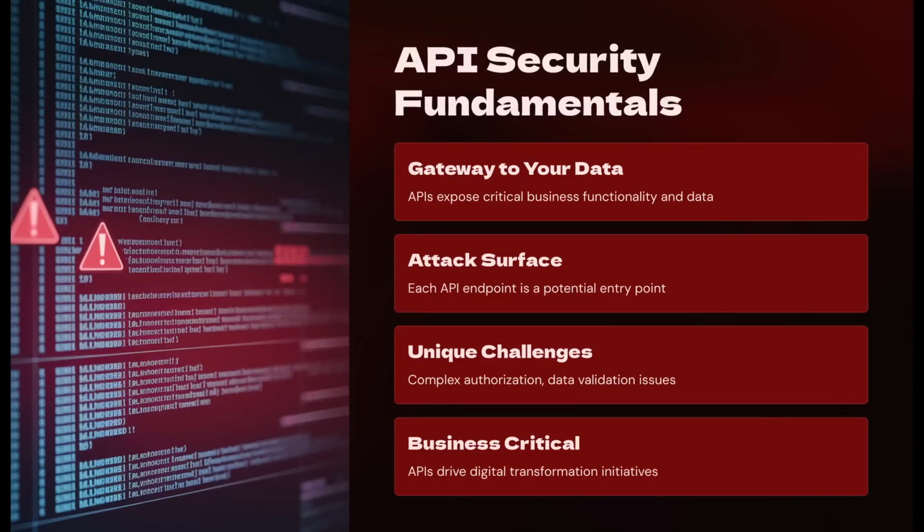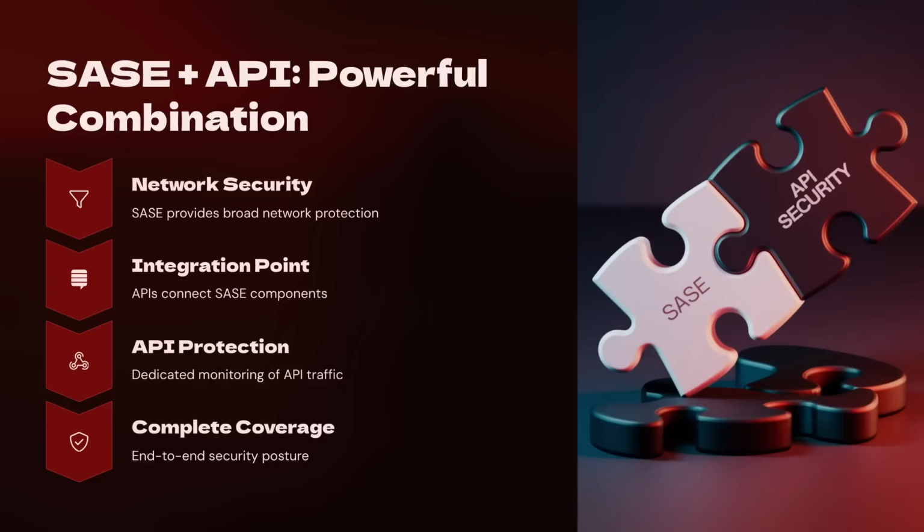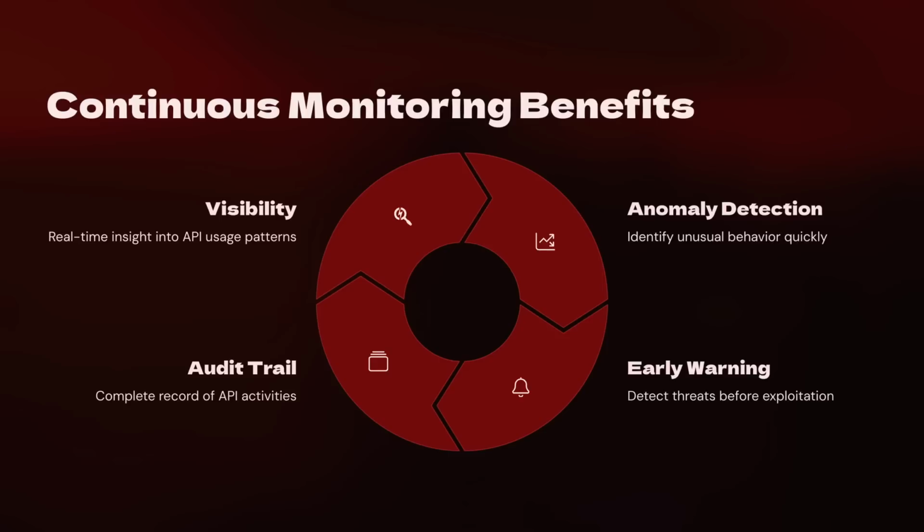Organizations can achieve more granular control over data access and movement across networks by incorporating API security into the SASE model. A key aspect of SASE and API security monitoring is the implementation of continuous monitoring and auditing of API activities. This ongoing surveillance helps to detect potential security incidents quickly, allowing for a rapid response to emerging threats.